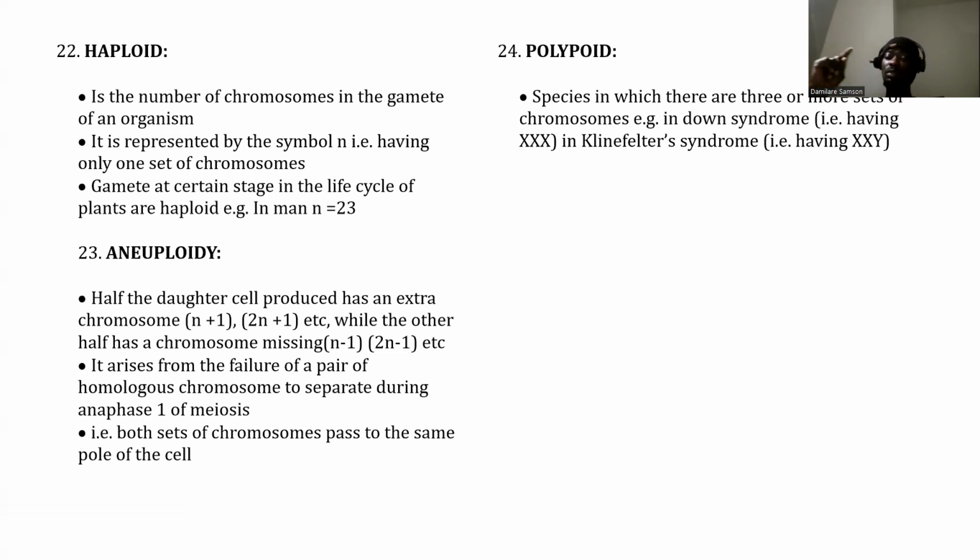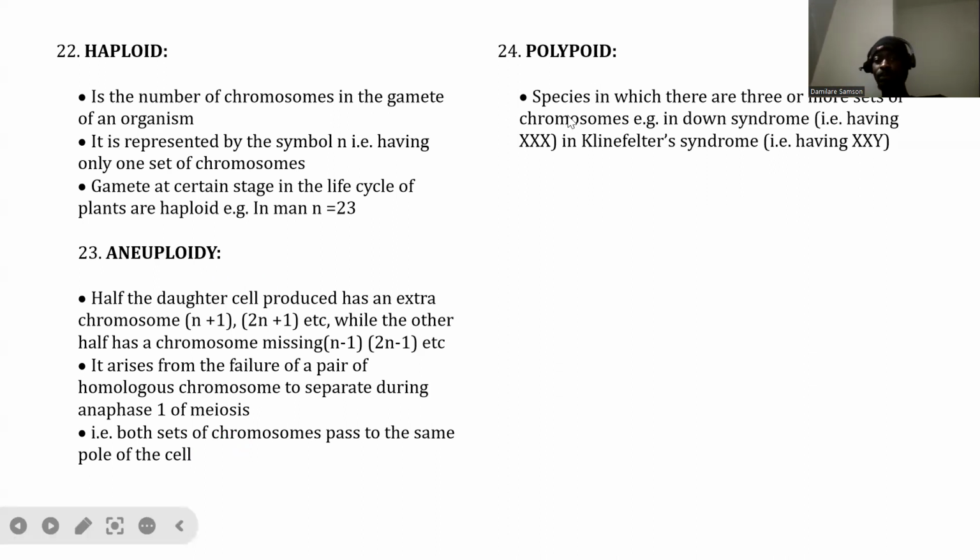While they were moving, some homologous chromosomes decide not to separate, so both sets of chromosomes pass to the same pole of the cell. What does that mean? At telophase, when they divide totally, you now have two cells. One cell is +1, the other cell is -1. That is what aneuploidy is all about.